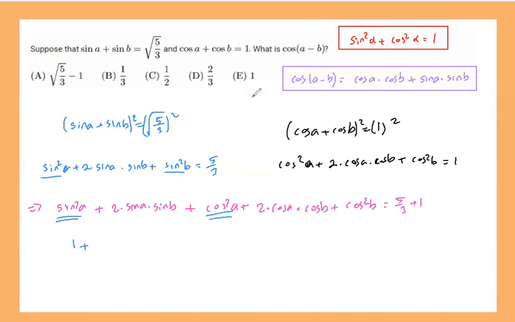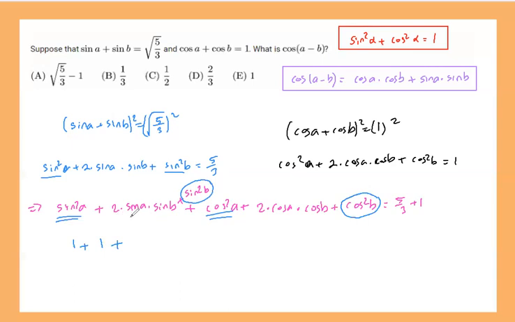I think I missed one of them. I had the sine squared B after this product, so let me write that as well. And then we have this as the first term. Now if I add this sine squared B to this cosine squared B, that is also another 1.